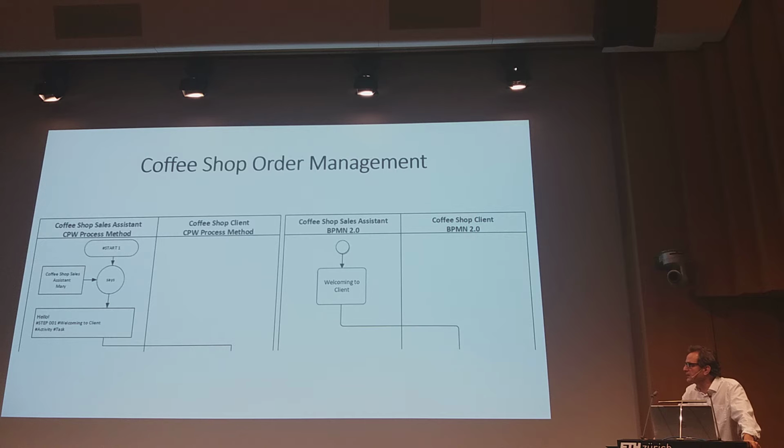And welcoming to client is an abstraction from the CPW process step in direct speech. This welcoming to client is an abstract function, and this abstract function is used to represent the process step with business process modeling notation 2.0 on the right side: welcoming to client.